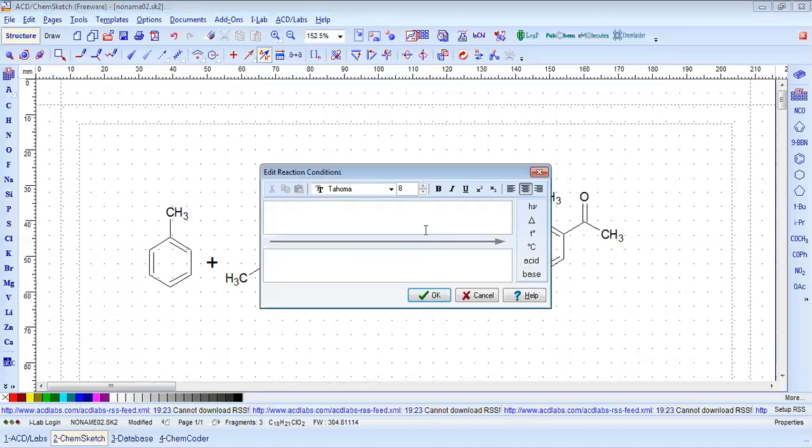Suppose this reaction is under 100 degrees Celsius. So degree Celsius is there. So you can use the label of heat and you can use the catalyst also. So write down AlCl3. If you want to increase the size, there is an option available. Decrease is also available.